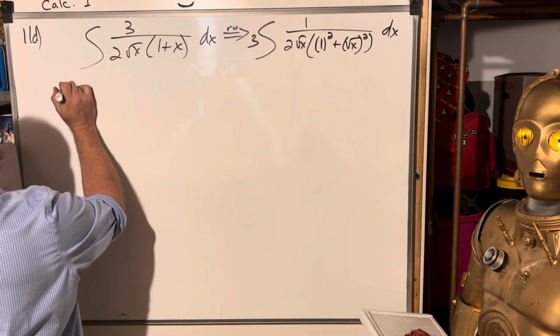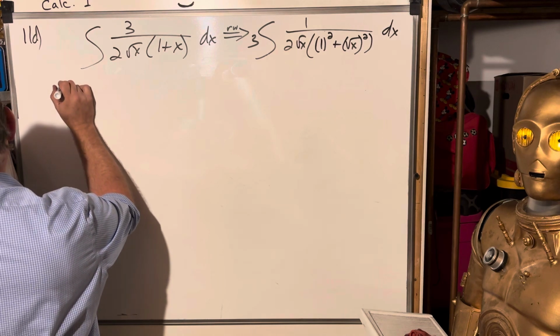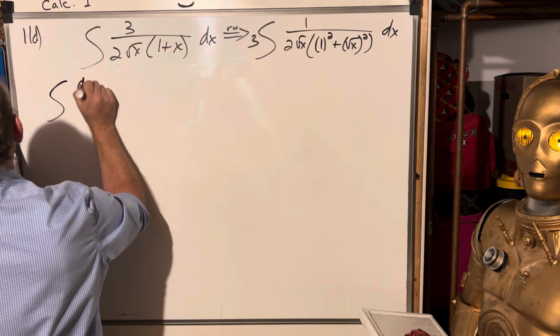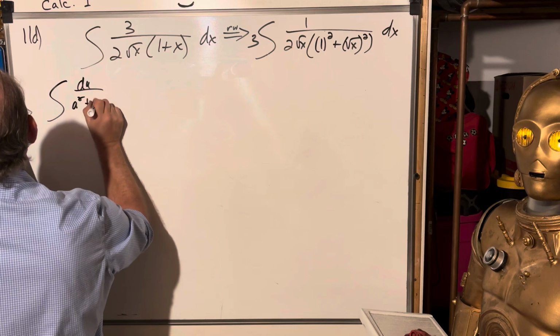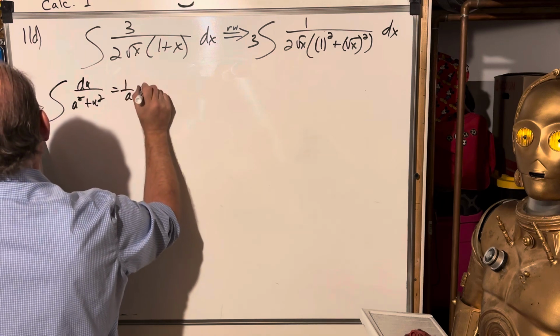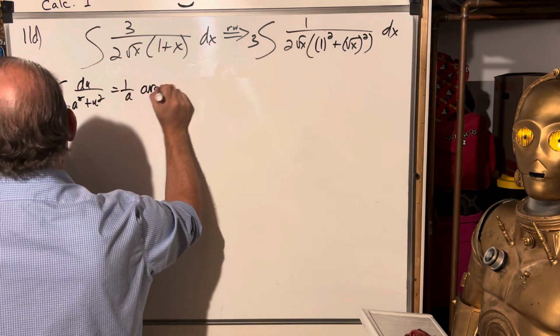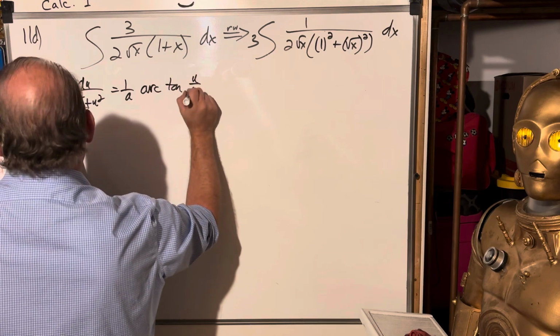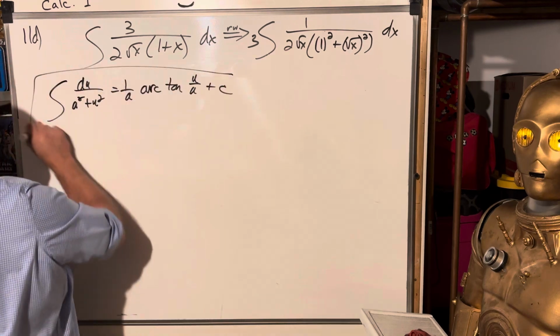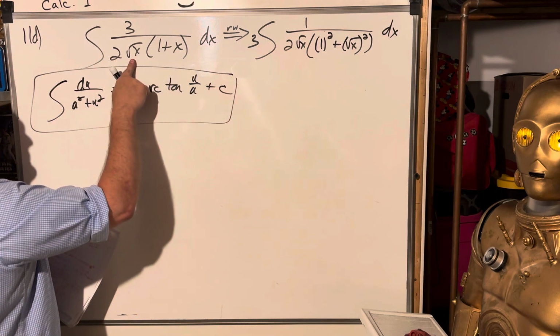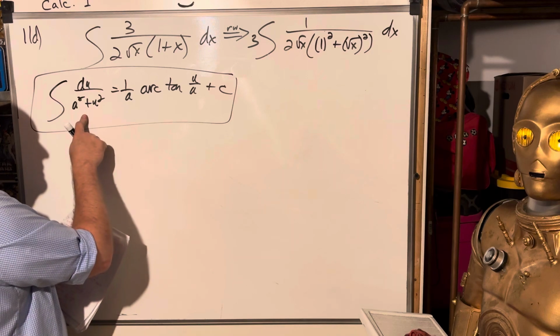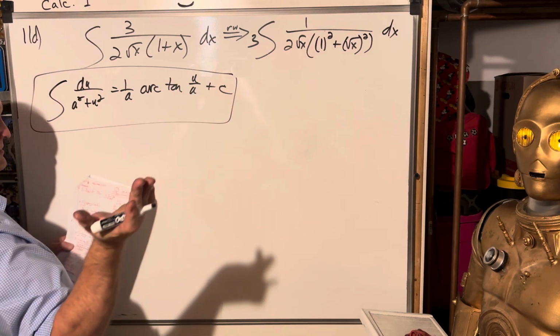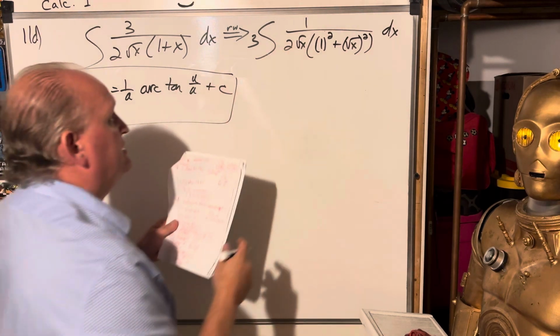So we want this. What do we got for our tan formula? du over a squared plus u squared equals 1 over a arctan of u over a plus c. So we want to use that. So I had to make this look like that. Kinda. So here, let's see what happens.